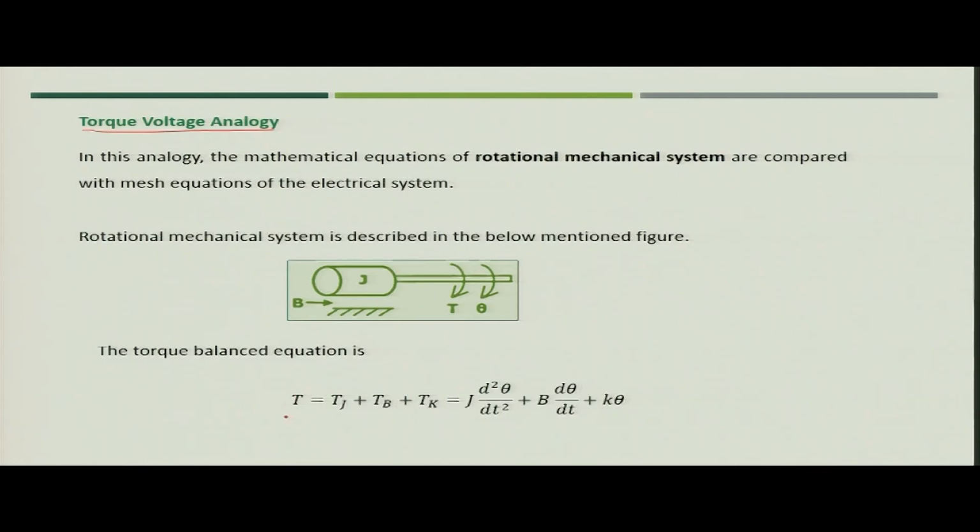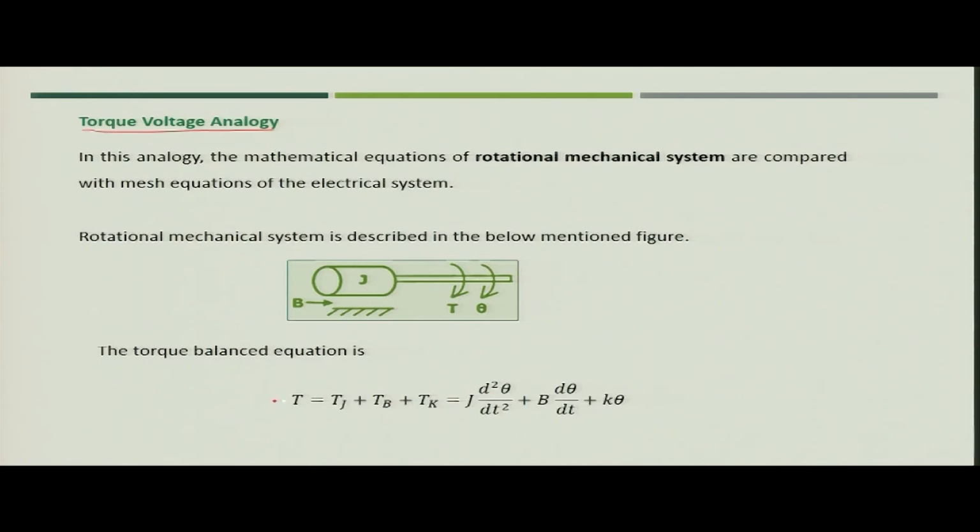Now, what you can write for torque T? Torque T is nothing but torque because of the inertia, then torque component because of the friction, then torque because of the presence of the spring action of the shaft.